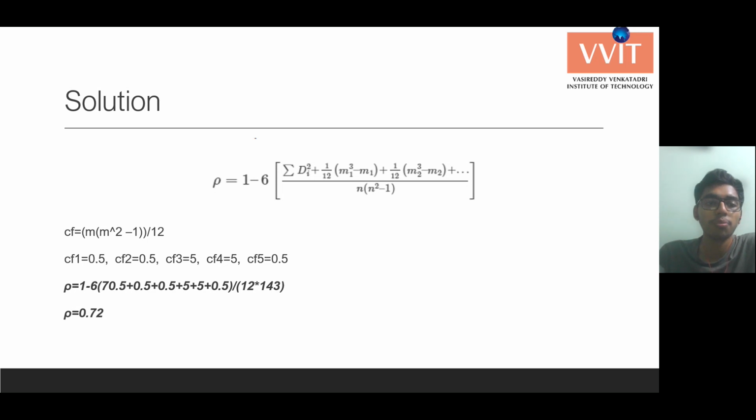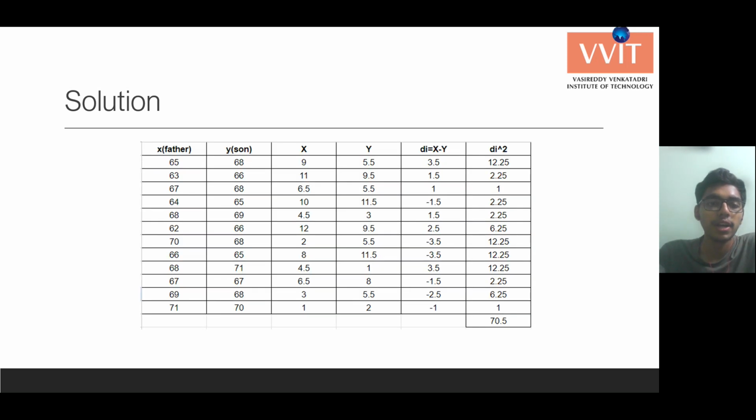The first is 0.5, the second is 0.5, the third is 5, the fourth is 5, and the fifth is 0.5. The first is for rank 4.5, the second for rank 6.5, the third for rank 5.5, the fourth for rank 9.5, and the fifth for rank 11.5.